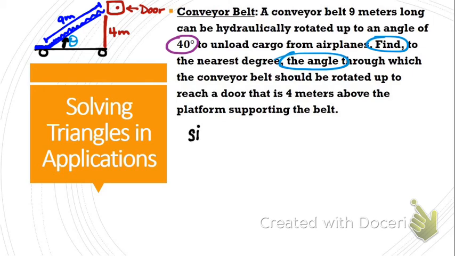Because I have sine of my angle theta is going to be equal to what over what? 4 over 9. 4 meters over 9 meters. Meters is going to cancel. I need inverse sine. So what is inverse sine of 4 over 9?